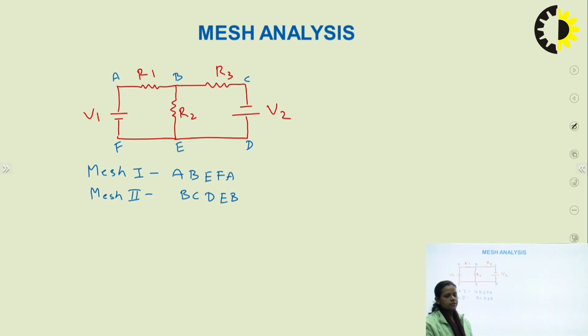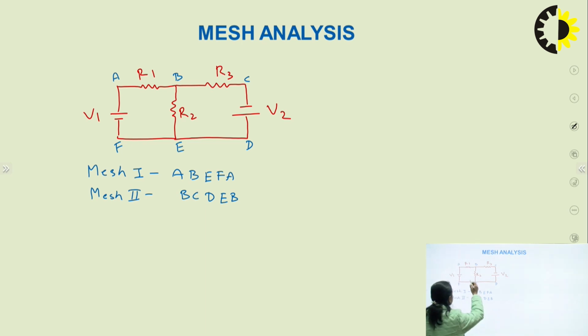So the first step is to identify the number of meshes, and we have identified two meshes, mesh 1 and mesh 2. After identifying, we will consider the loop currents here, right? Loop current can be considered in clockwise direction or in anti-clockwise direction. Either way, you can assume.